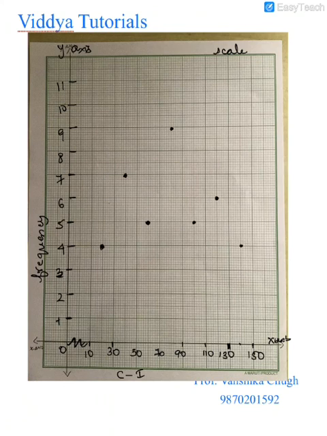As I told you, we need to join it to the x-axis, so we will join it with the midpoint of the previous class interval, which was 0. This is minus 10, you can plot over here, and this is your class mark. So here I can join it, and again from here I will join it to the midpoint of this class interval.